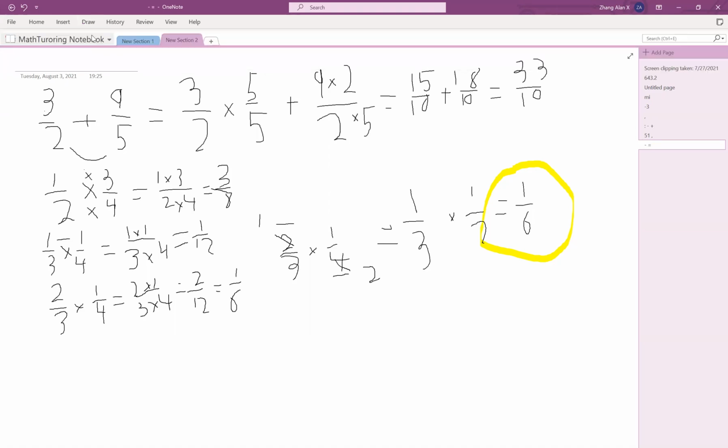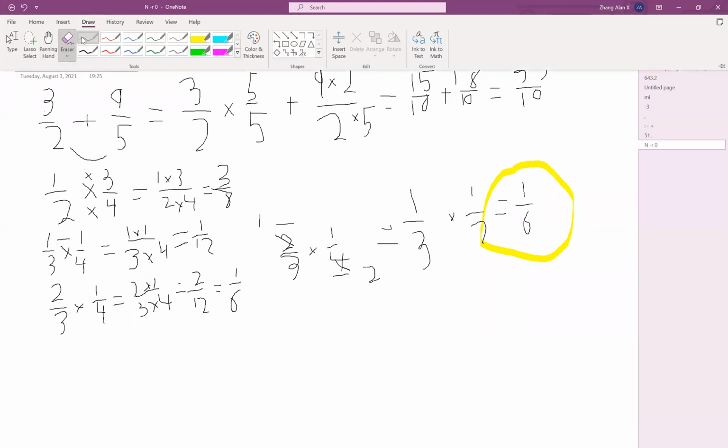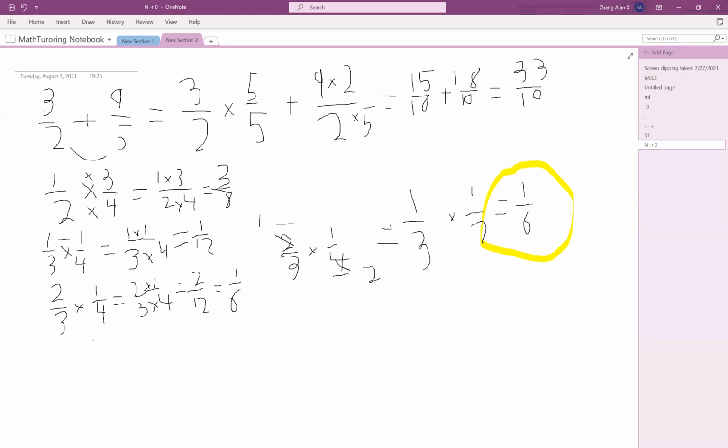So let's do a few of these problems. Say we had 3/4 times 5/9.